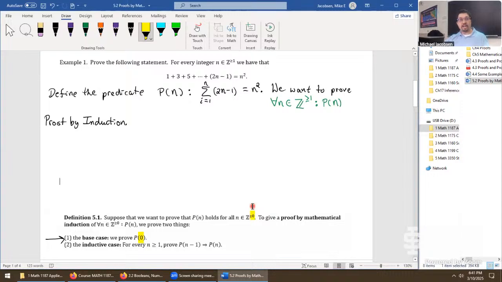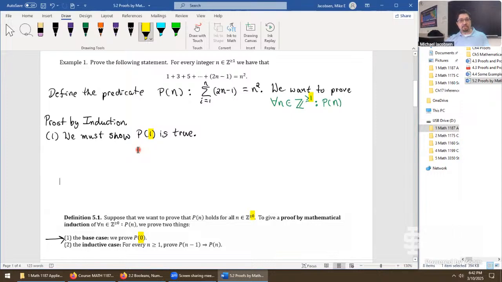When we said for all n in Z greater than or equal to, whatever that value is informs us of the base case. So let's start by saying step 1, we must show P at 1 is true. Where that 1 again matched up from this 1 right here.